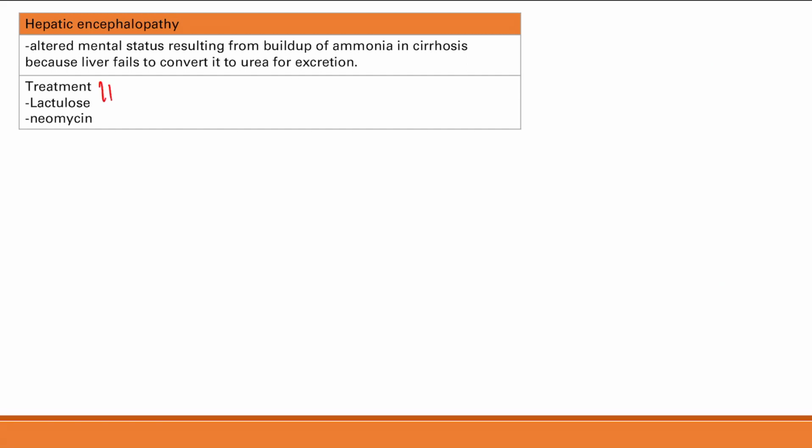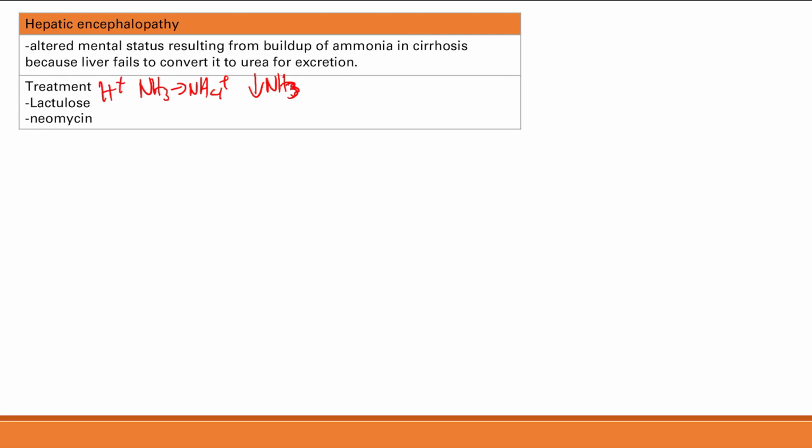Now there's going to be extra H+ in the gut, and that H+ is going to turn your ammonia, NH3, into ammonium, NH4+. NH4+ is not very well absorbed in the bowel. So NH4+, ammonium, is excreted in feces, and thus you have decreased NH3 in your blood. You decrease ammonia, problem solved.